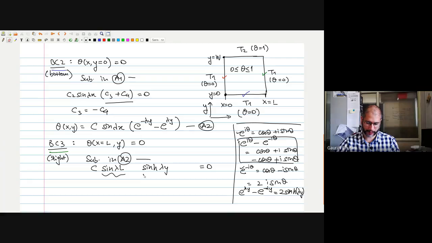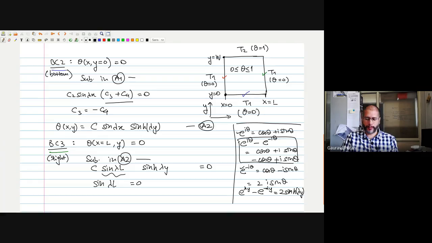Let me replace this A2 as well, just for clarity. So this means that sine lambda L has to be 0.